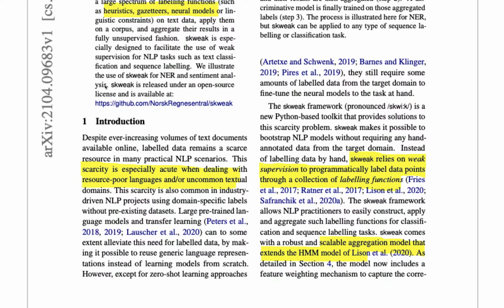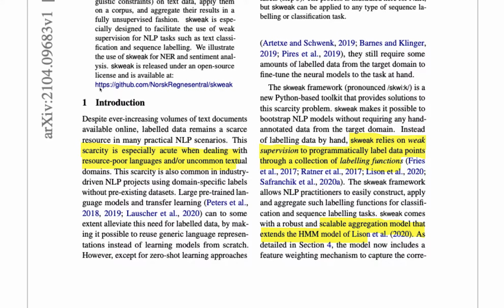Essentially in the introduction section, they talk about the basic problem, why this is used and what the end application of this system is. There is a lot of scarcity in NLP, particularly for low resource languages, and in those cases you don't have enough training examples.